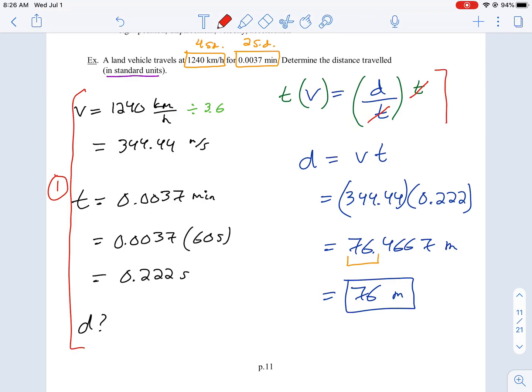Step 2 is to have an equation. Step 3 is to do some algebra to solve for the variable. And of course, step 4 is to put the numbers in and then find your answer. So those are our stages for a full solution.